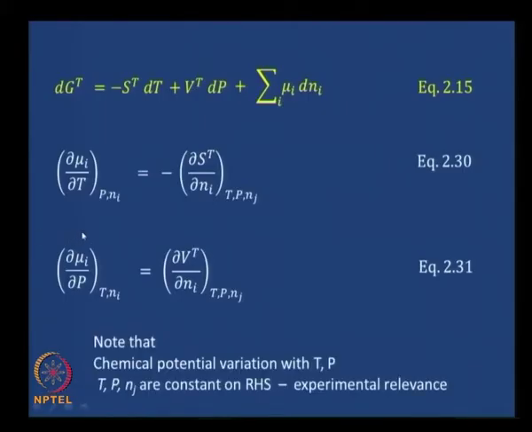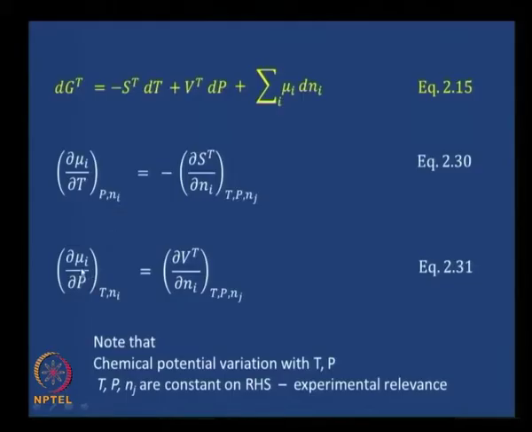There was a reason why we chose to compare these two and these two and actually use dGt to do it. If you recall, we have dGt with variation of T, P and ni, which are easily measurable variables. If they are easily measurable, then you can do experiments with them quite easily. This gives the variation of chemical potential with temperature, which is a very useful relationship to have when the pressure and the number of moles of all species are held constant, which can be done experimentally.